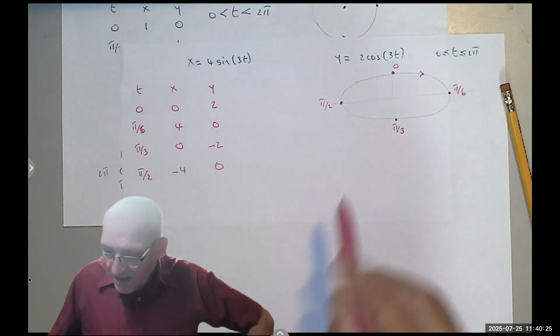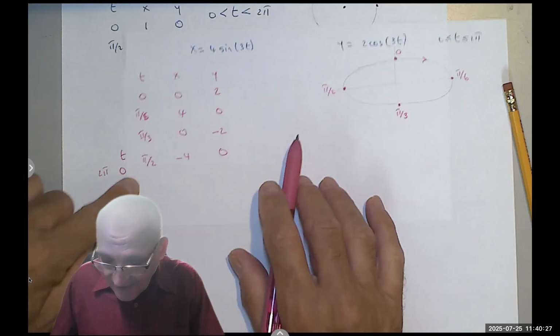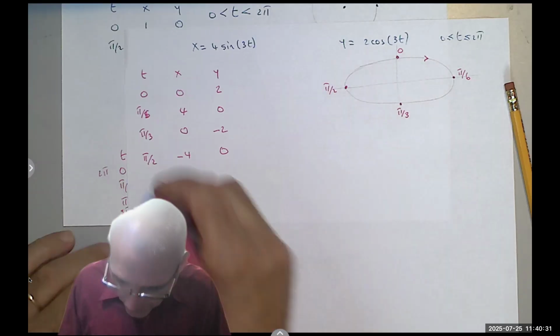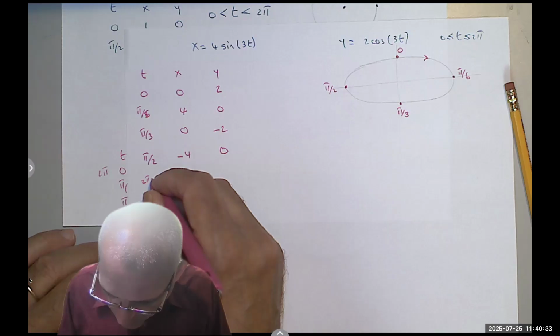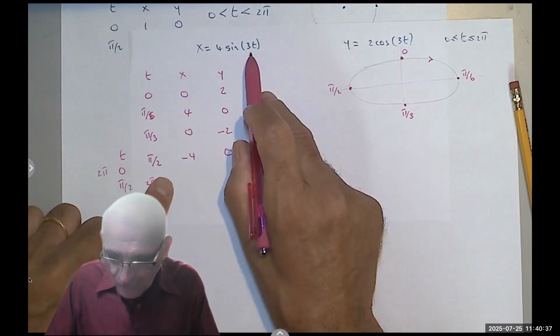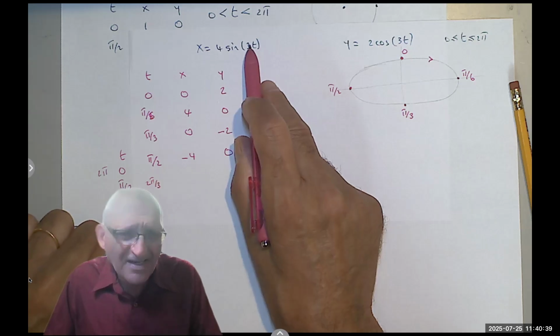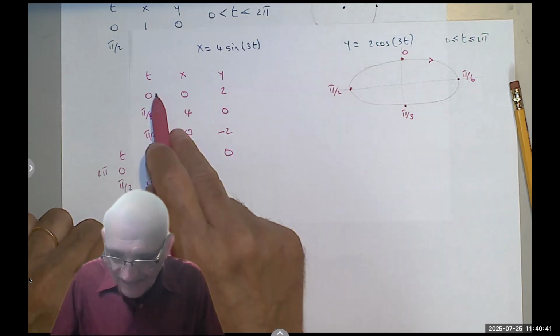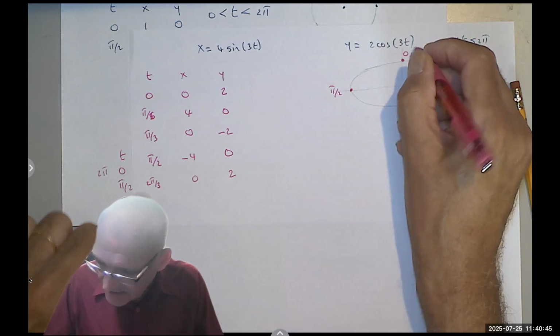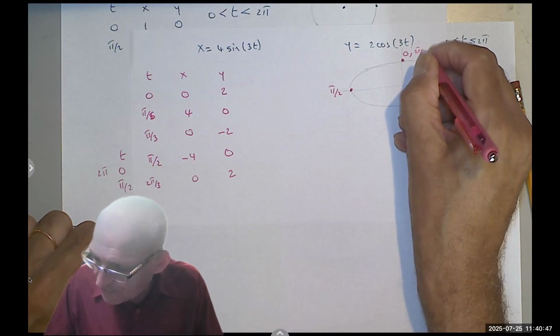Notice, if I add another pi over 6, 1/2 plus 1/6 is 4/6 or 2/3, 2 pi over 3. When I multiply that by 3, I get 2 pi. 2 pi is like 0, so I will go back to this point, 0 and 2. So this is 2 pi over 3.